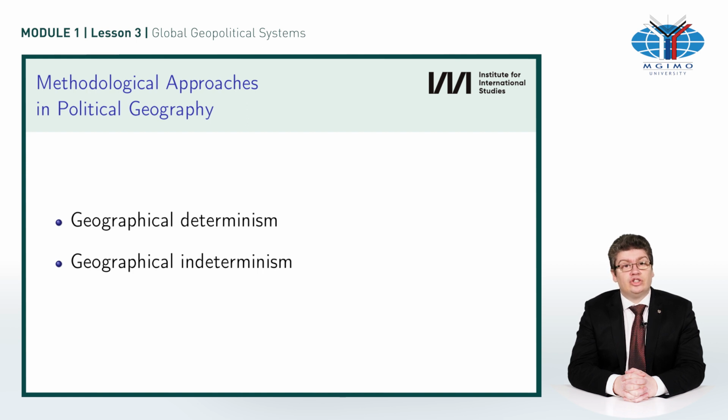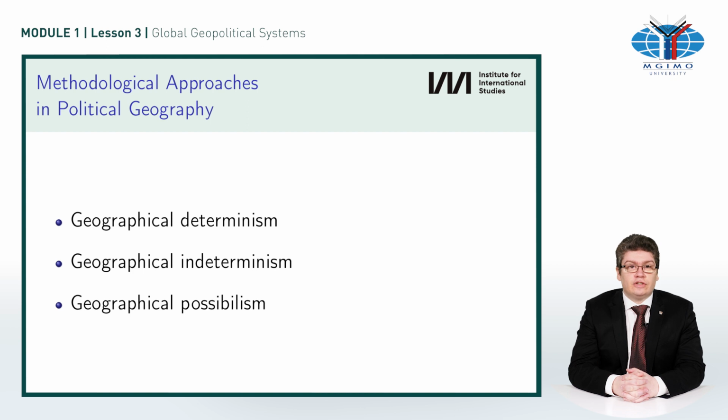He claimed that geography creates conditions and offers opportunities rather than predetermines the outcome. The American geographer also believed geography was a conditioning factor rather than a determinative one. This approach is called geographical possibilism.